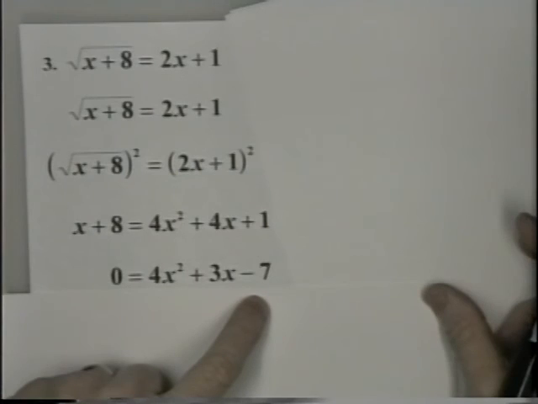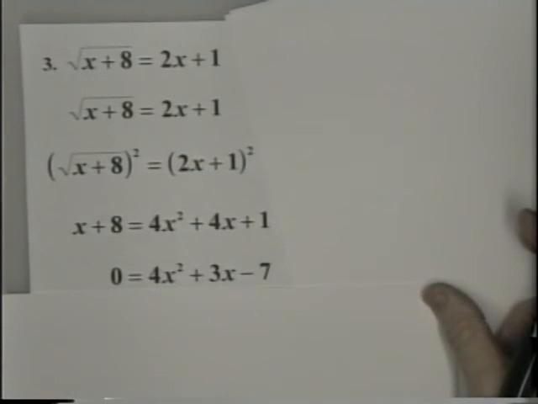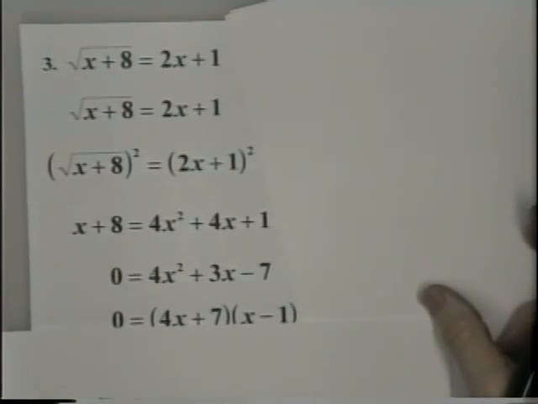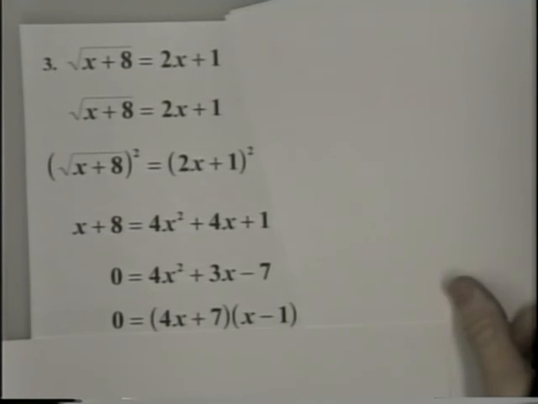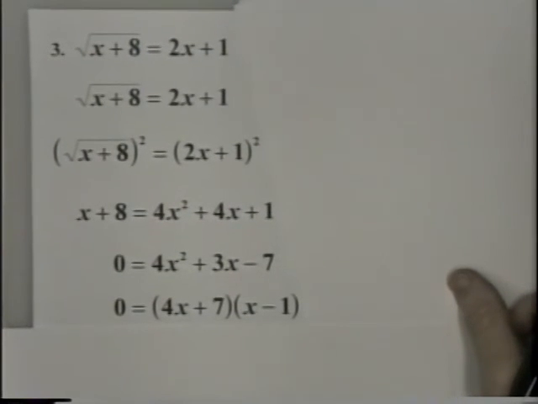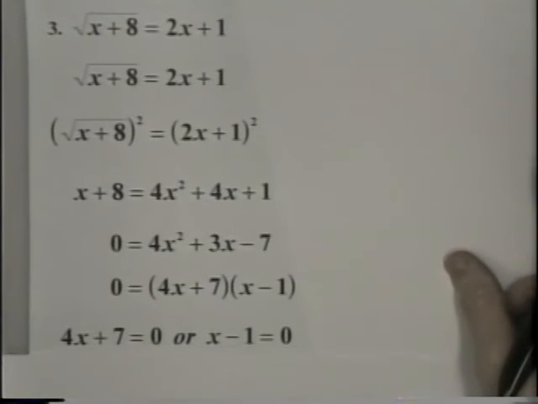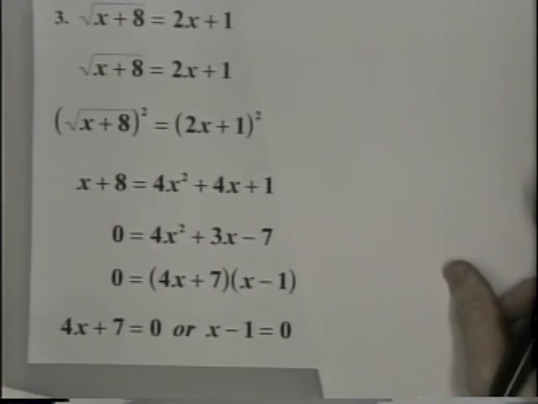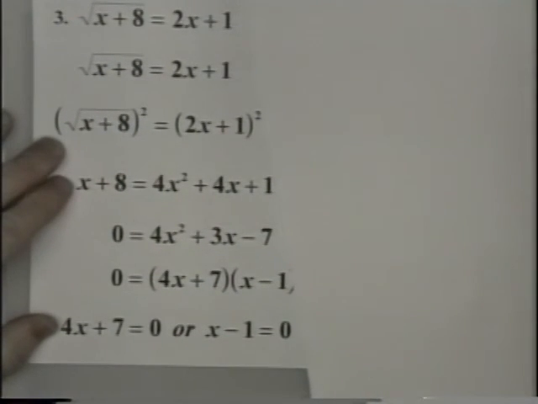Again, the method of choice for quadratic equations, we hope it factors. Does it? I think so. 4x plus 7 times x minus 1. And then set each of those factors equal to 0 and solve for x.